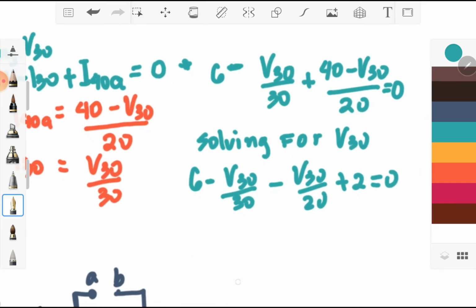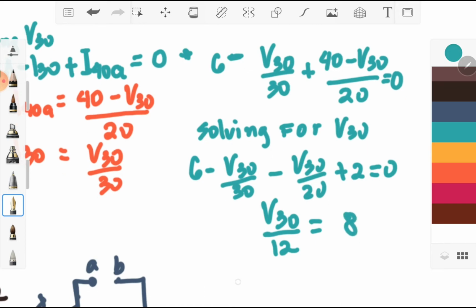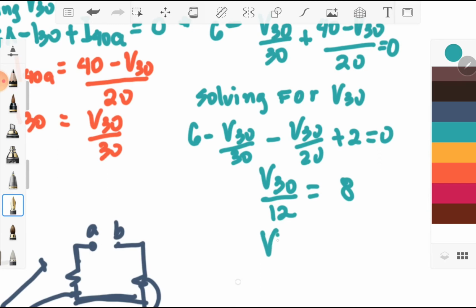So therefore, transferring your negative V30 and negative V20, we will have 1 over 30 plus 1 over 20, we have 1 over 12. V30 over 12 is equal to 6 plus 2, which is equal to 8. So therefore, our V30 is equal to 96 volts.